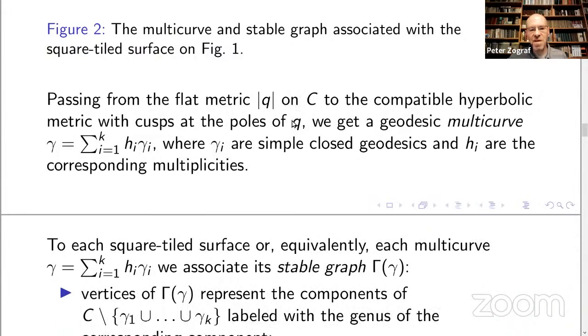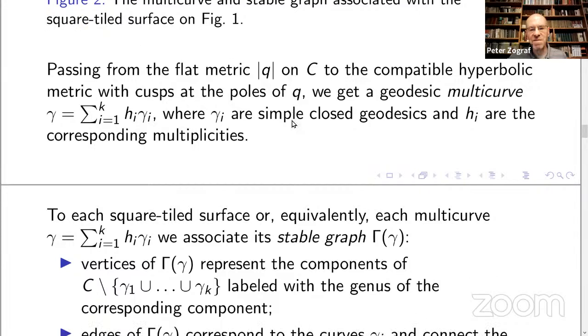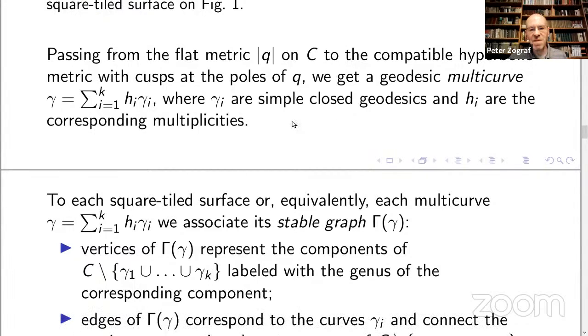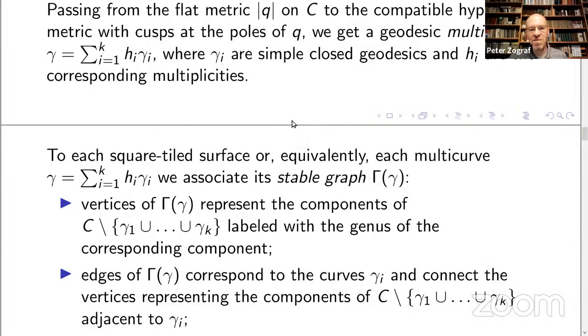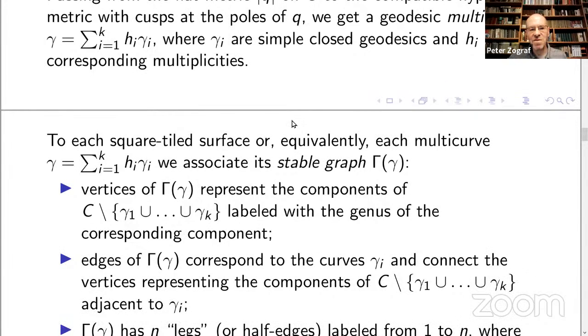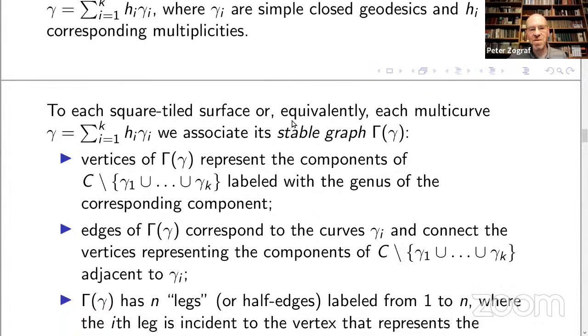To each square tile surface or equivalently each multicurve, we associate its stable graph, gamma big of gamma. The stable graph is the collection of the following data. The vertices of it represent the components of the complement of the union of the irreducible components of the multicurve.